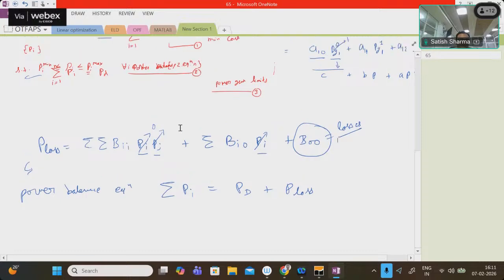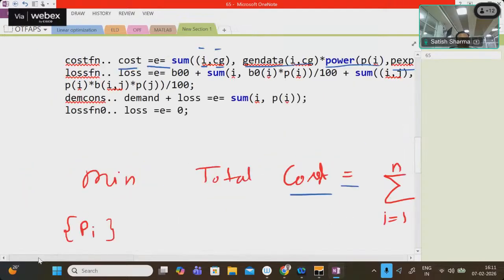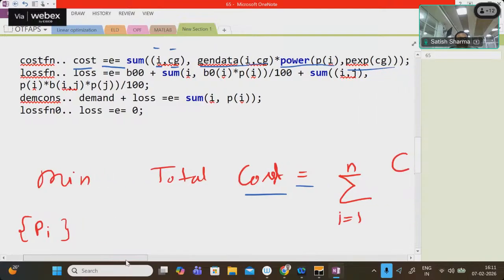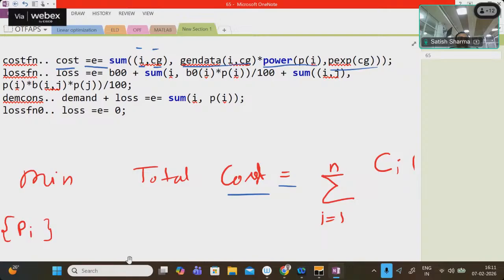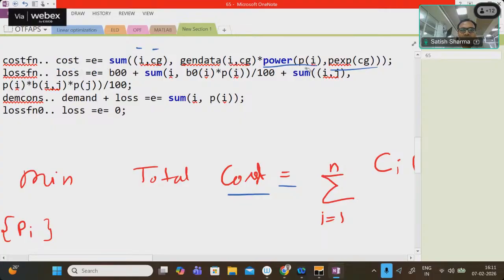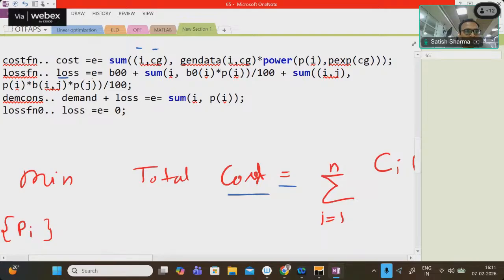Okay, so we were looking at this particular formulation, and you can see here the losses have been defined the same way which I have written below, that the losses are equal to B naught plus summation over I of B naught I into Pi.